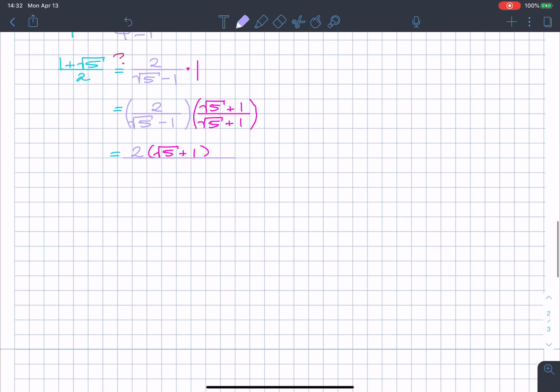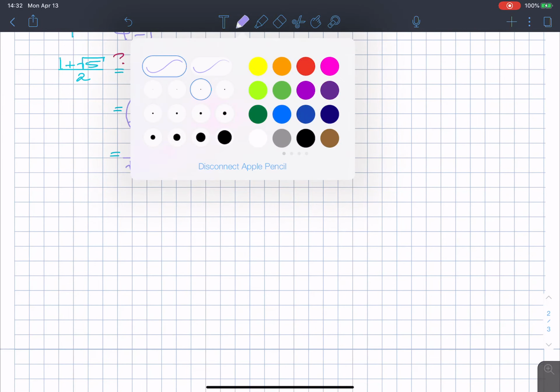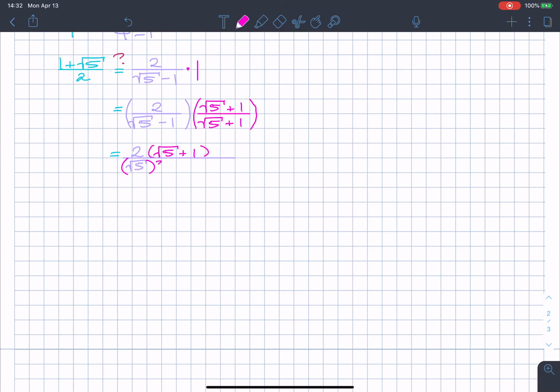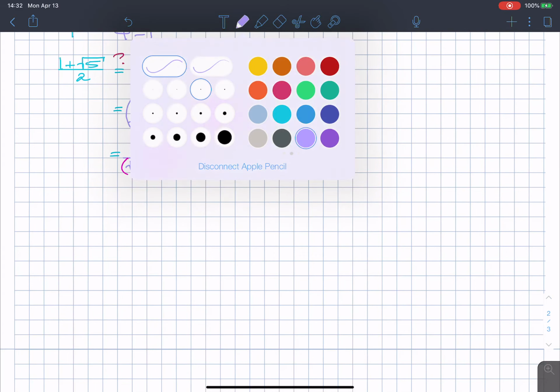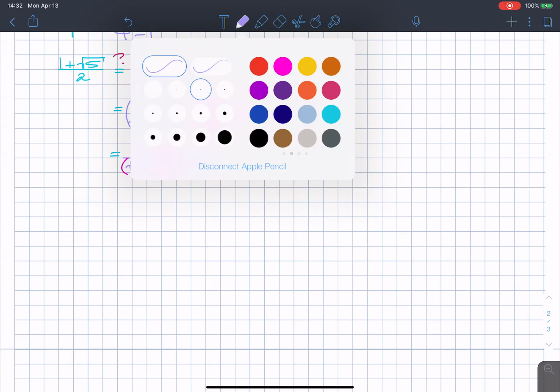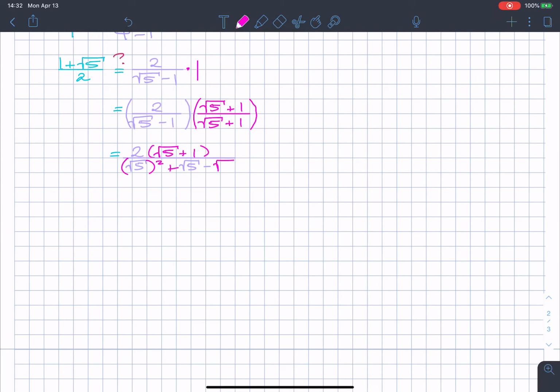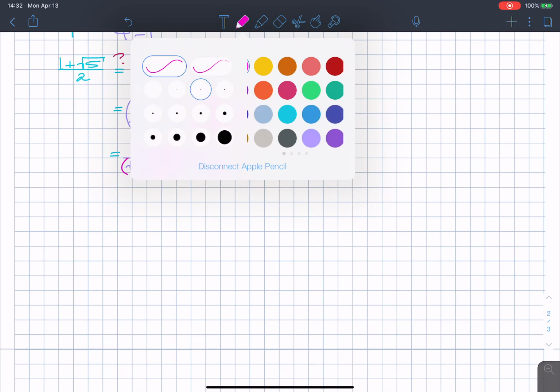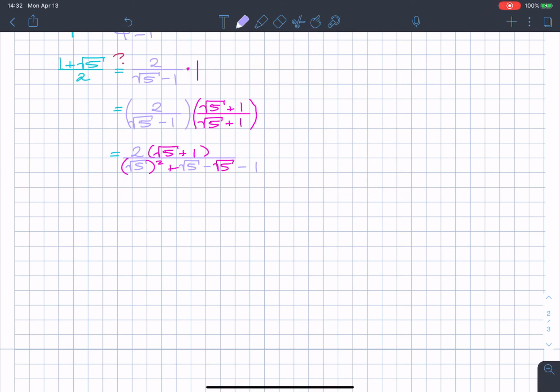And that turns out to be first guy squared, so the square root of 5 squared. Then the outers will give me plus the square root of 5. The inners will give me minus the square root of 5. And then the lasts will give me minus 1 squared.